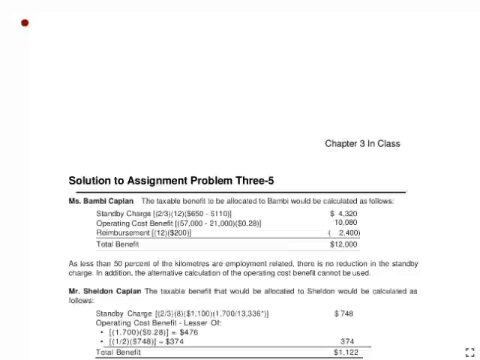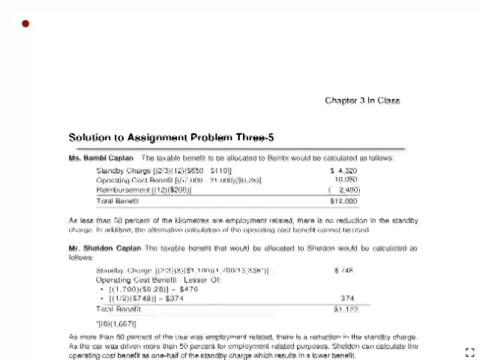For 2020, the details regarding the use of the cars is as follows. We've got 4 different senior executives: Bambi, Sheldon, Melissa, and Jerome. And they each have different vehicles and different scenarios. So let's start out with Bambi.